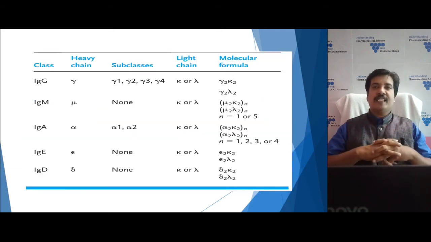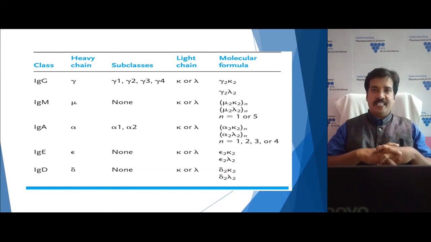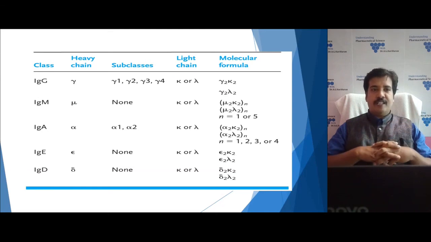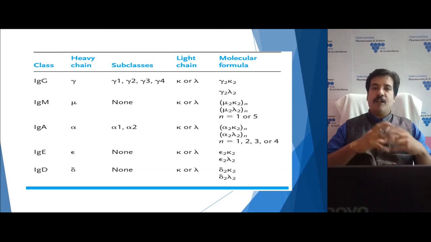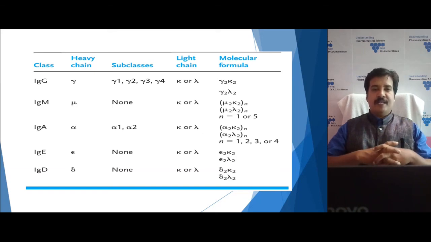So we can classify immunoglobulins based on the structure, especially the amino acid sequence of the heavy chain. I have shown in the table: for immunoglobulin G, the heavy chain is gamma, which can have subclasses gamma 1, gamma 2, gamma 3 and gamma 4, whereas the light chain for all the types is either kappa or lambda. Similarly, for immunoglobulin M, the heavy chain is mu, there is no subclass, and the light chain is kappa or lambda.